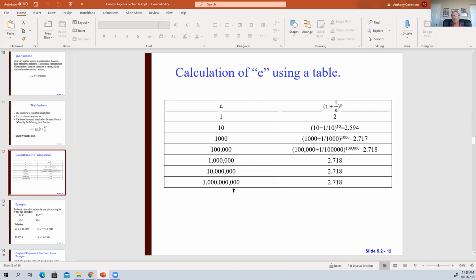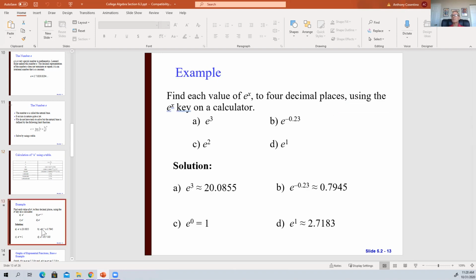So this is one base that we are going to be using quite a bit in the next few weeks and walking through the rest of this chapter, chapter 6. One of the other things that you need to get comfortable with is using your calculator and being able to do these calculations.